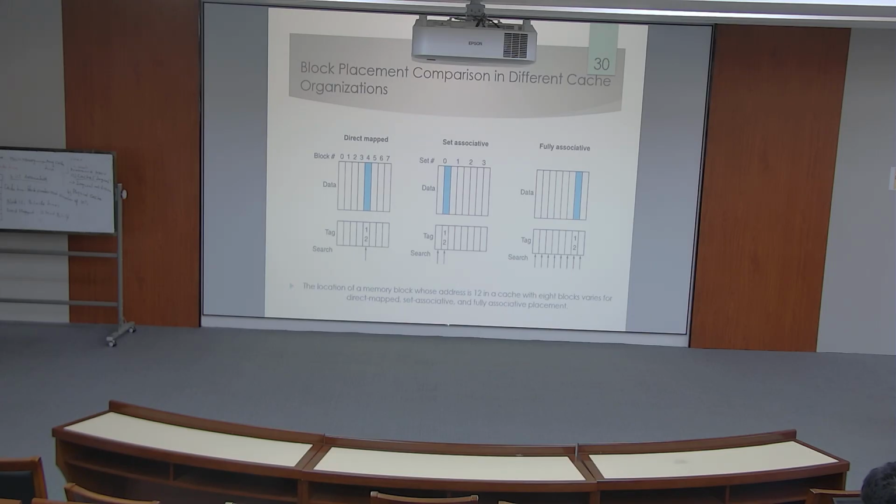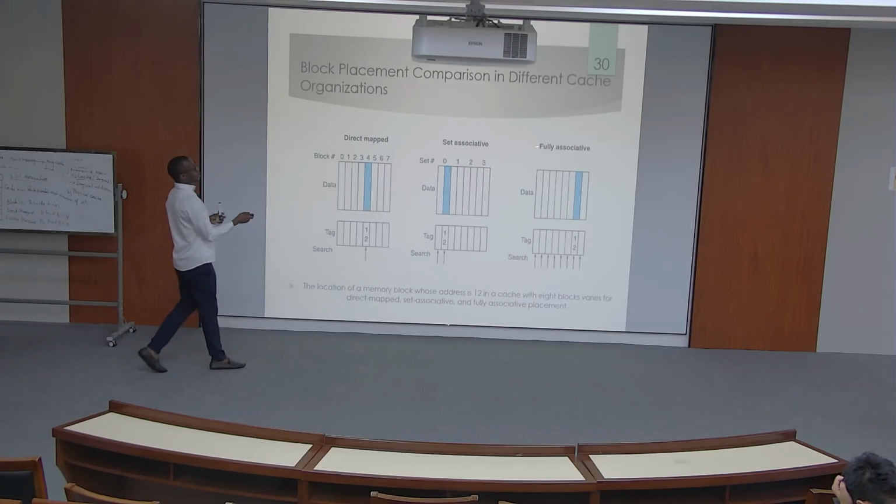So that means that using two-way associative, our block number 12 will be loaded into set 0. That means block number 12 can be loaded into either way of this set 0. We can have this block to be here or to be here.